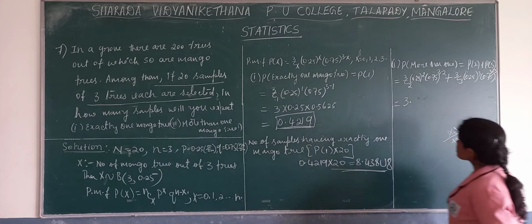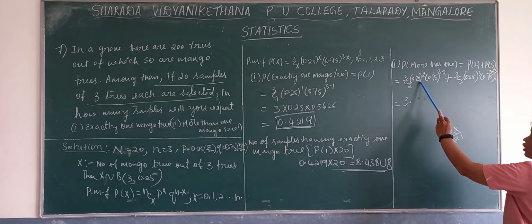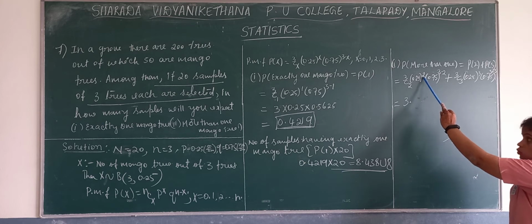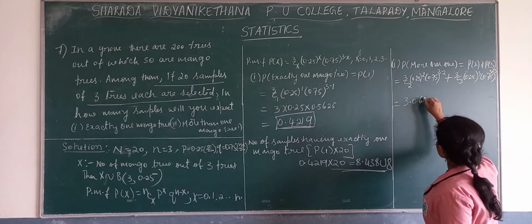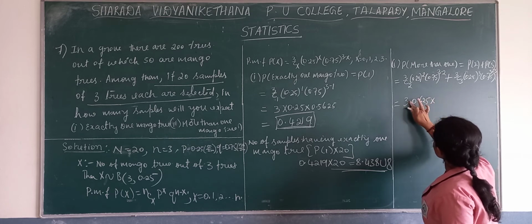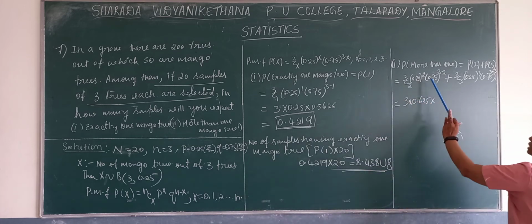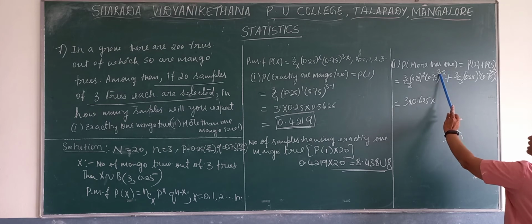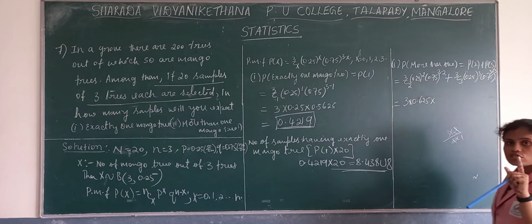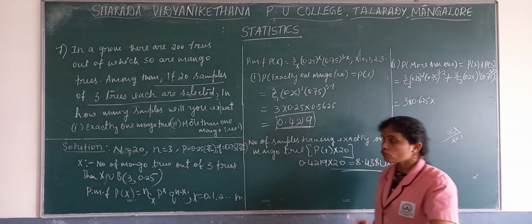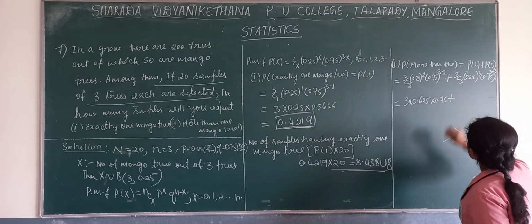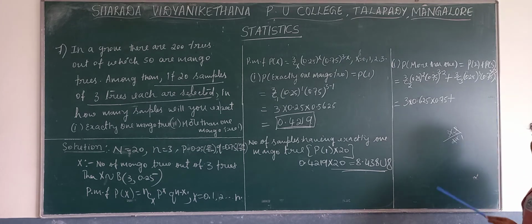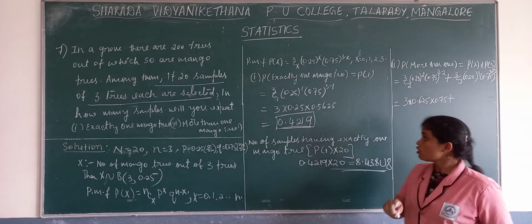3C2 value is 3 and 0.25 to the power 2, we get 0.0625, into 0.75 to the power 3 minus 2. 3 minus 2 means 0.75 to the power 1. So directly 0.75 plus 3C3. 3C3 value is 1.